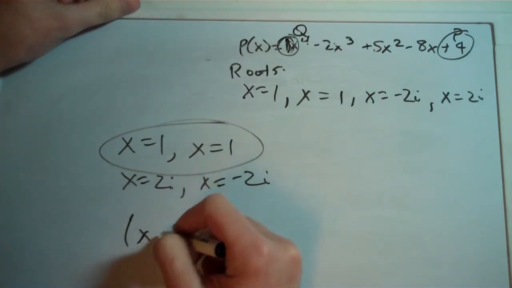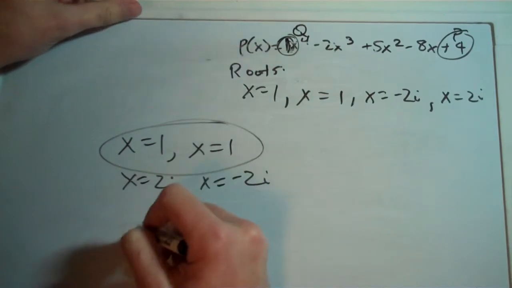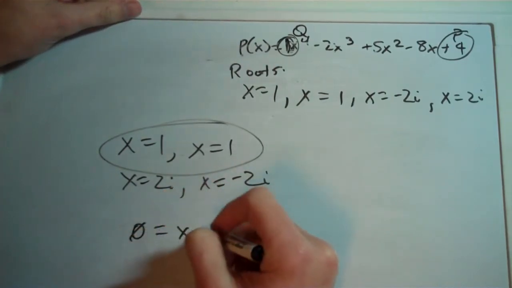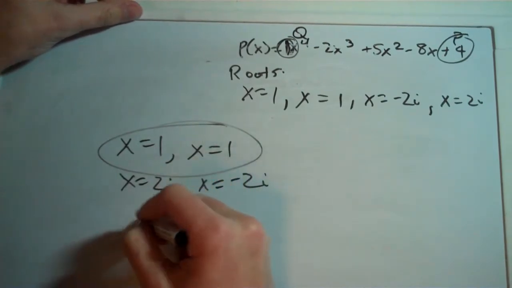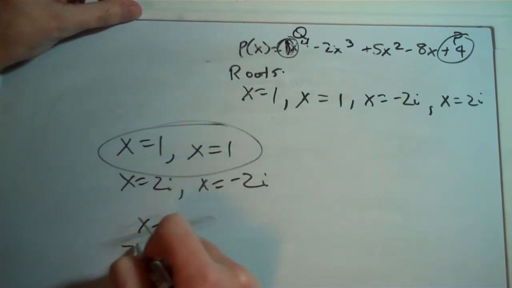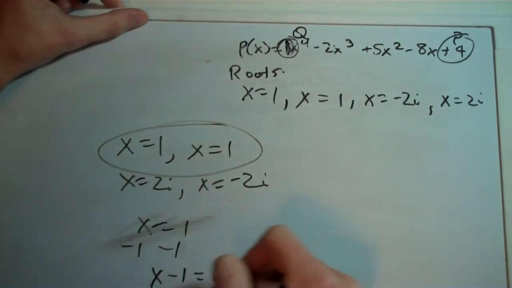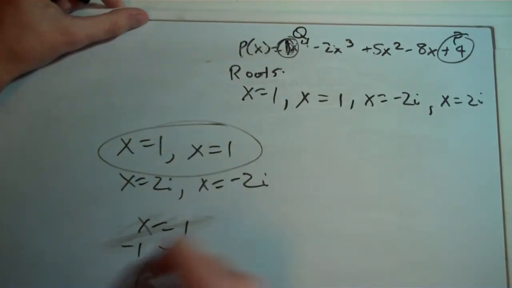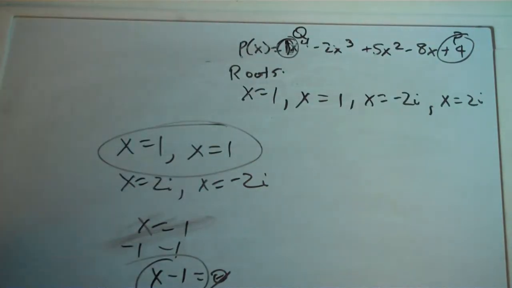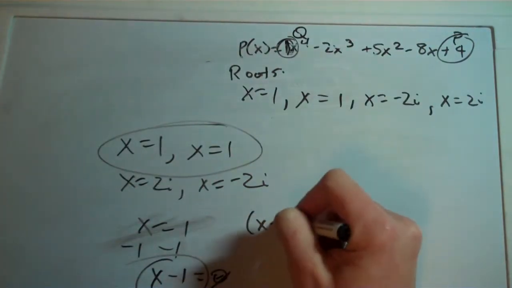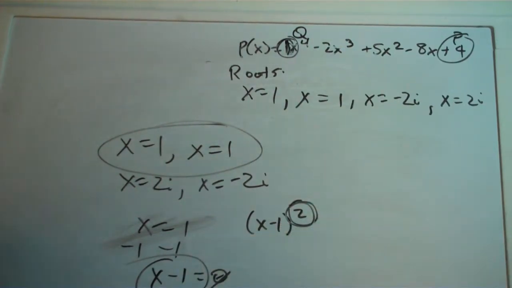That just means that, well, let me write this out better. x equals 1. We want to get x and this number on the same side, so we have x minus 1 equals 0. So that's our factor. Okay, so we have x minus 1 squared, and this is going to be called our multiplicity.